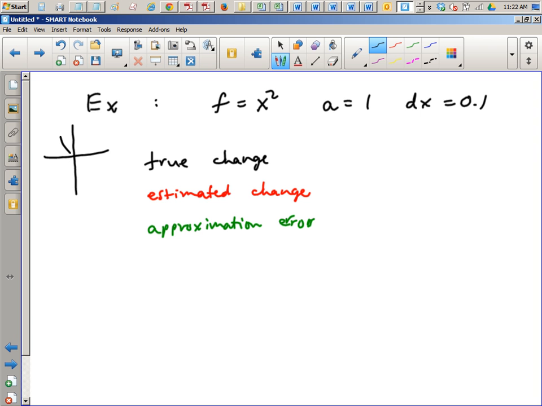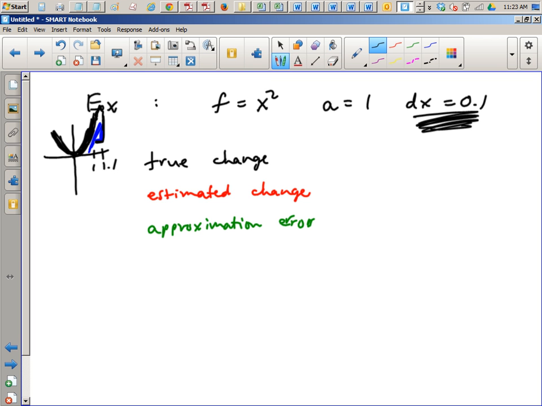It's just x squared like that. If you go out here to 1 and 1.1, which is right next to it, we have this tangent line, and we basically have the amount that the tangent line has risen between 1 and 1.1, and the amount that the curve has risen between 1 and 1.1, which is clearly a different amount.